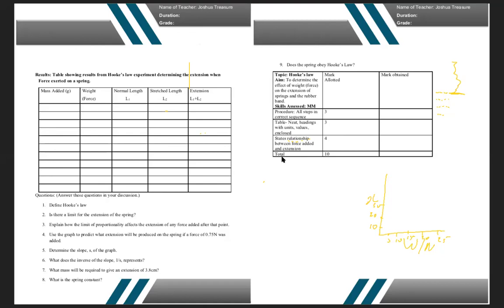All right, so if your point was 5 and 10, you would match up 5 and 10. And if your other point was here, and then you would finally draw a line.